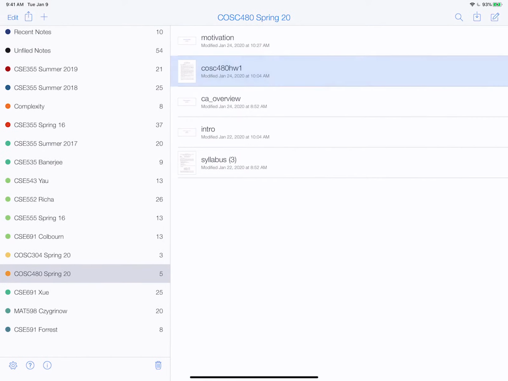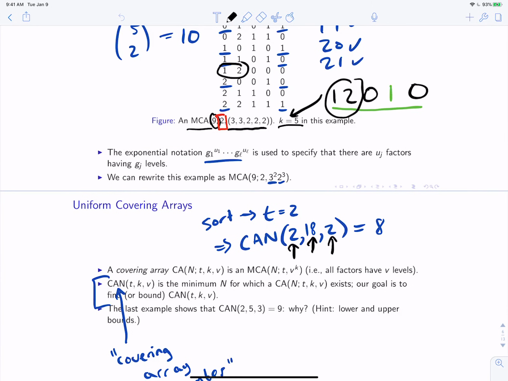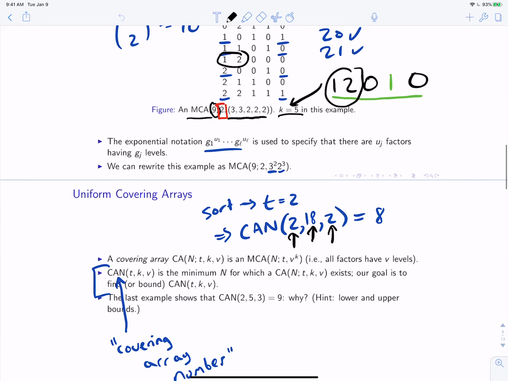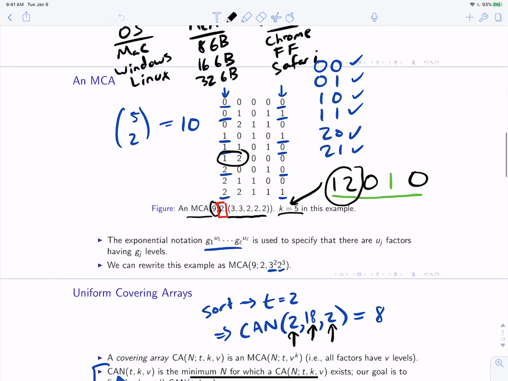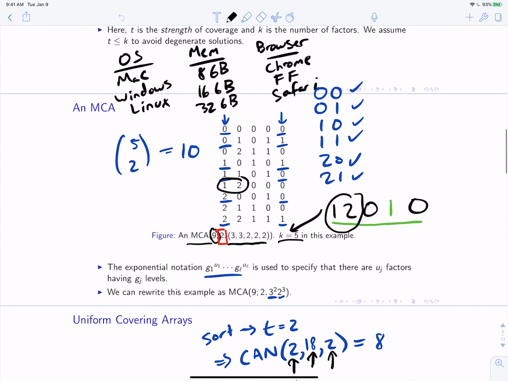Okay, so I want to go back to the stuff we talked about last time. Last time, remember, we introduced this idea of a mixed level covering array, and then got a covering array from that, which is the uniform case right here. We looked at an example here, and we quote-unquote verified that it's a covering array, even though we didn't really.